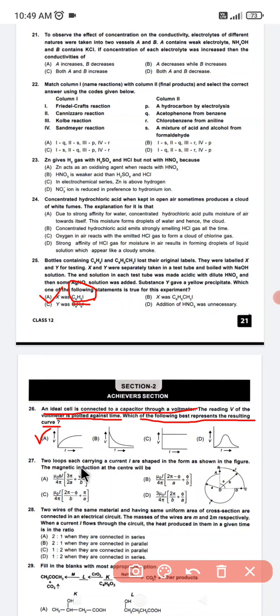After that we have the next question: two loops each carrying a current I are shaped in the form as shown in the figure. The magnetic induction at the center will be. We have these four options, and among these we have to choose the correct option.